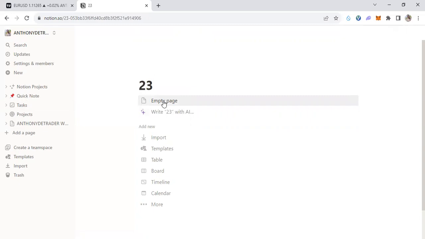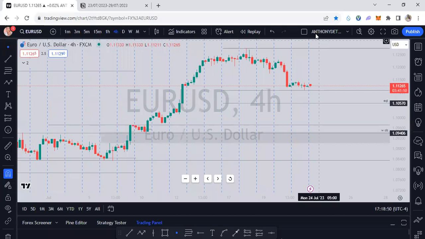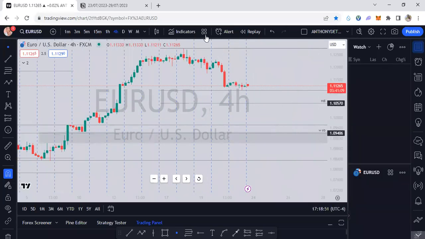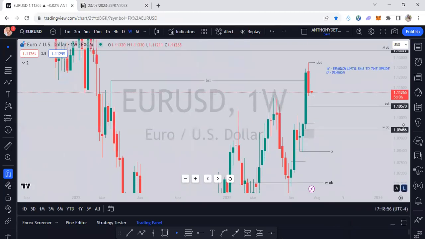I usually use the date as the title. So this for the DXY. Let's go back here. On the weekly, stop on the weekly time frame for the DXY.